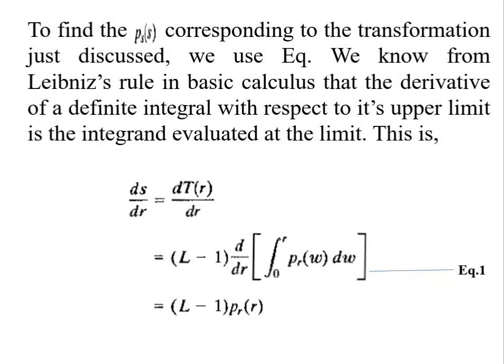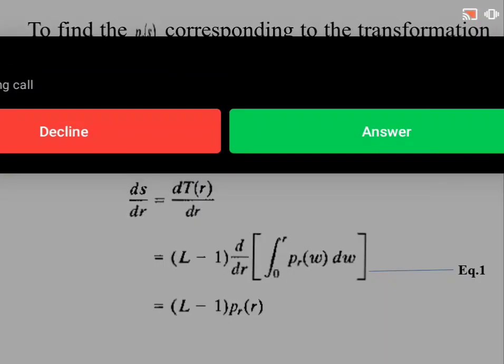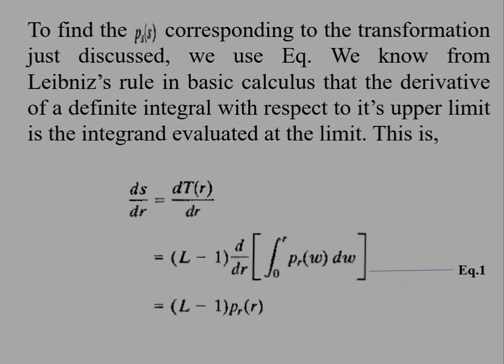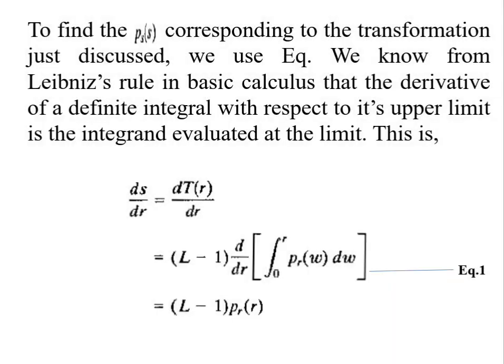That is, ds upon dr is equal to the derivative of T of R with respect to R, which is L minus 1 times the derivative of the integral from 0 to R of PR of omega d omega, which is L minus 1 times PR of R, because derivative and integration are reciprocal to each other and therefore cancel each other.